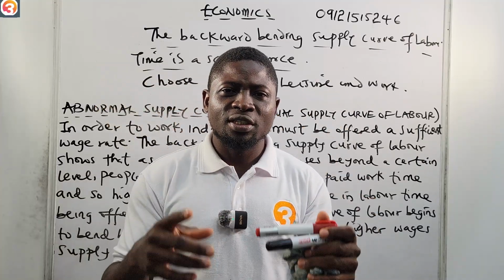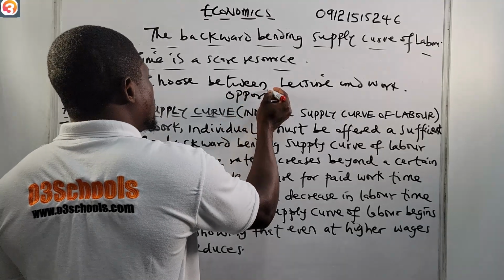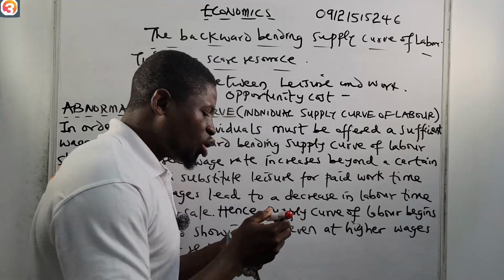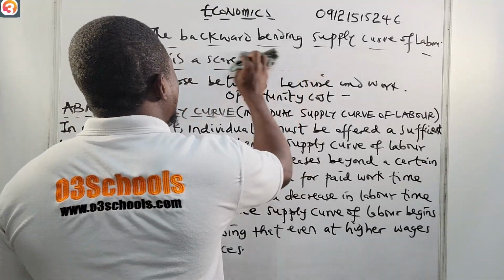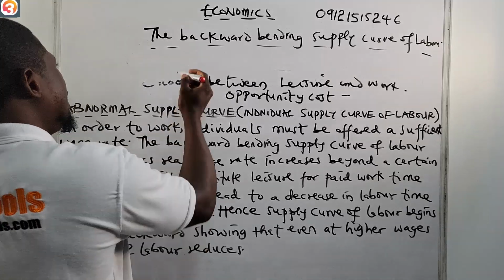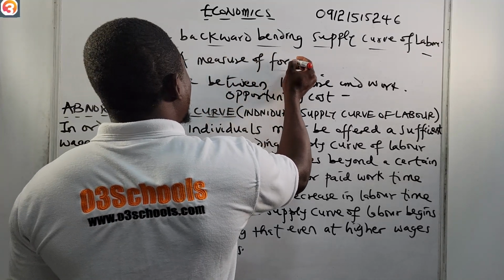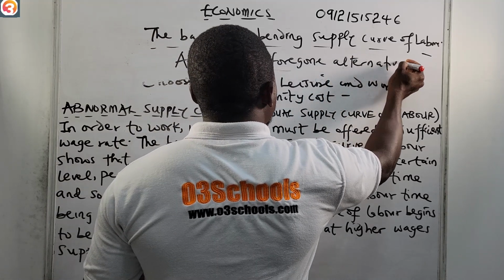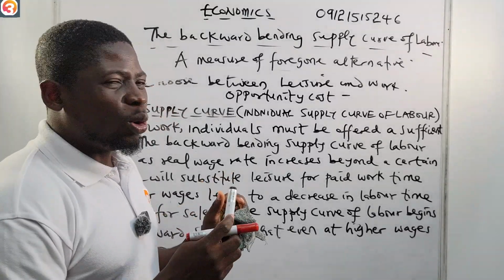You know what opportunity cost is, right? Opportunity cost, which you have done, I'm sure. We say opportunity cost is a measure of foregone alternative.